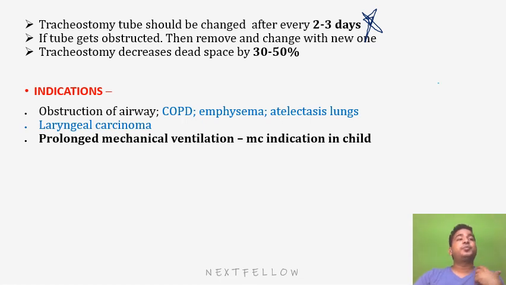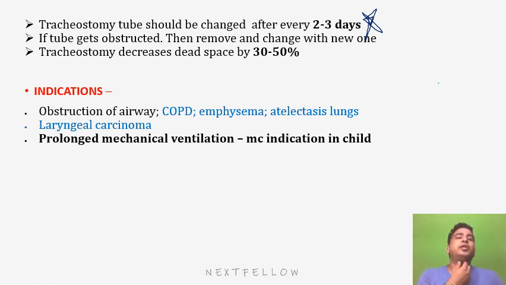If the patient is on prolonged ventilation, and this is the most common indication in the child, if the baby is on prolonged ventilation, or the patient is intubated for long, we will prefer doing tracheostomy, because prolonged endotracheal intubation will invite infections like gram-positive cocci or pseudomonas and other infections.